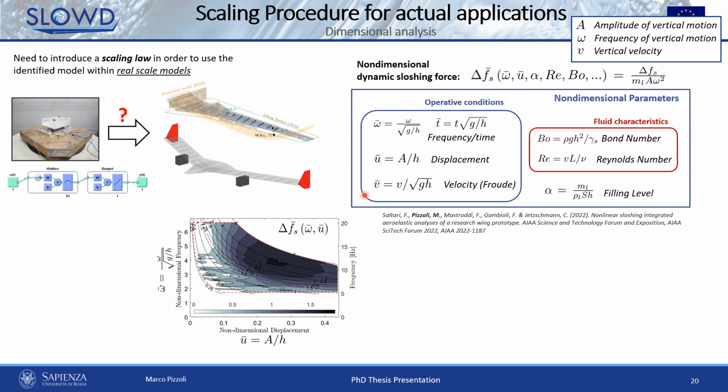And here, for example, we have the most important groups, which are the operative conditions dependent groups, like frequency, displacement, so the amplitude of the motion, and velocity, which corresponds to the Froude number, and the filling level, and the parameters related to the fluid characteristics, as Bond number related to surface tension, and Reynolds number related to viscosity.